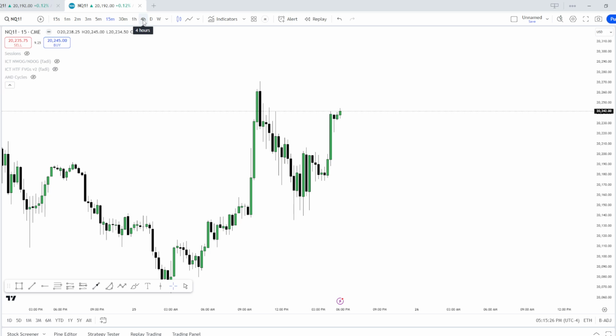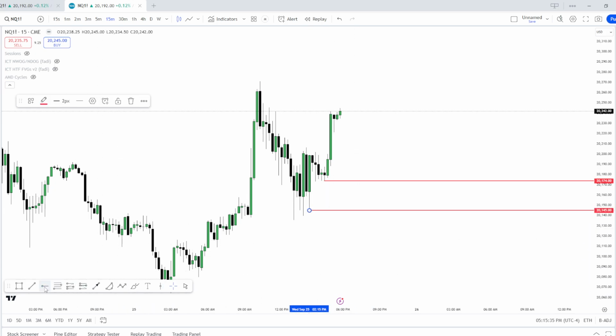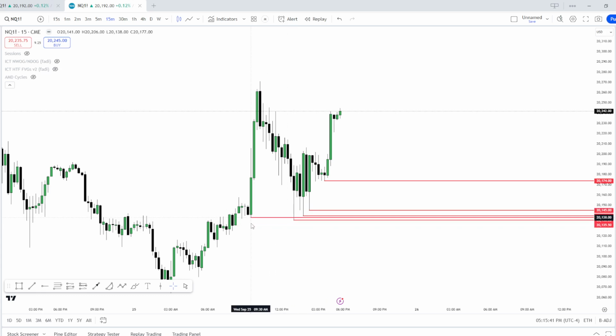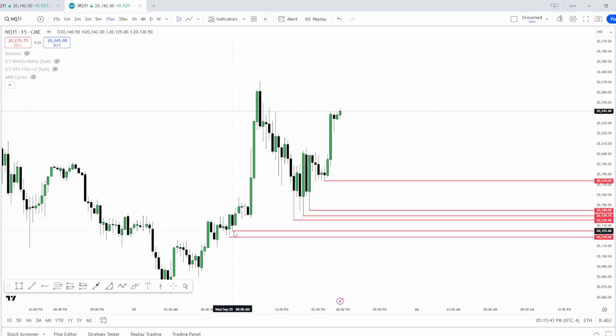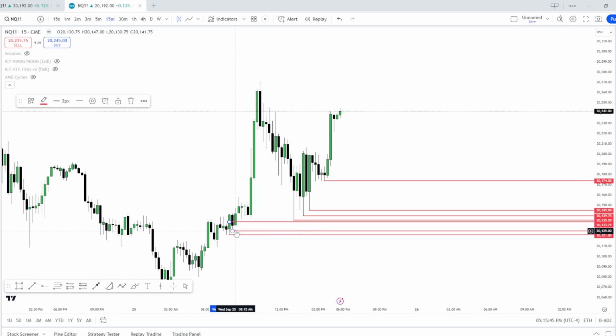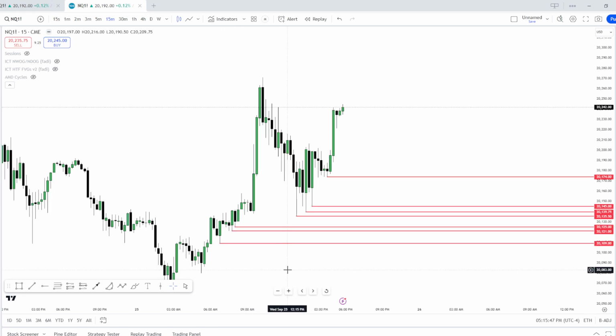As an example, if I was marking out 15-minute highs and lows, we have this 15-minute low, this one, all of these highs or lows on the 15-minute time frame, and these are what I will mark out as liquidity.